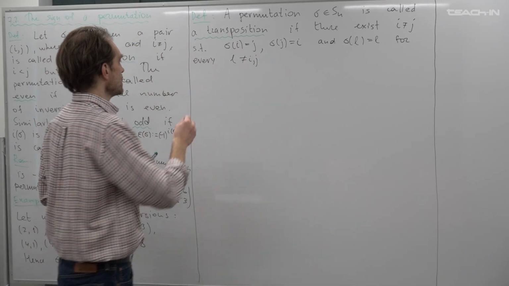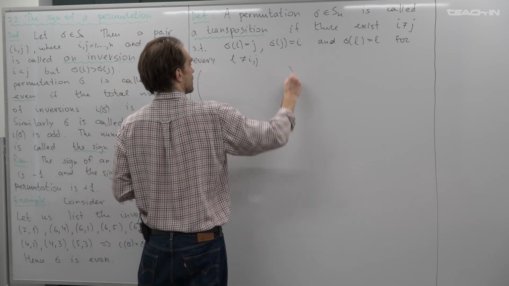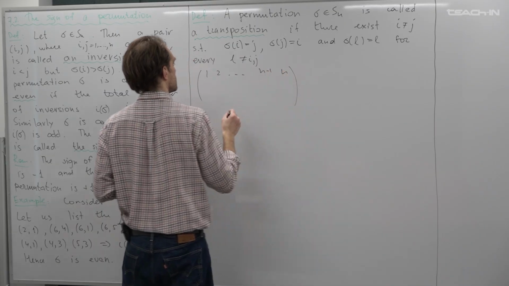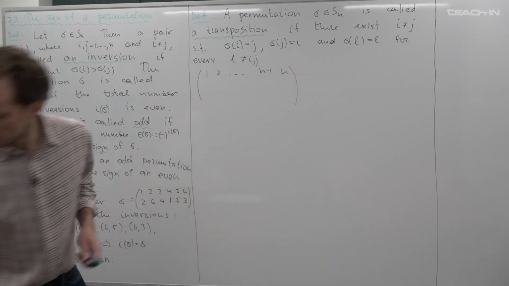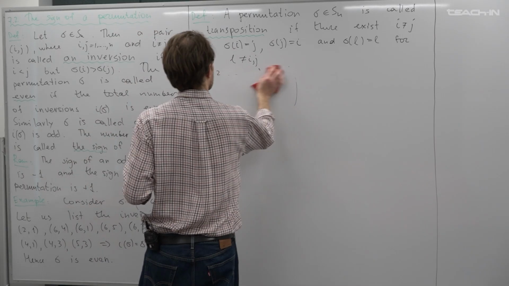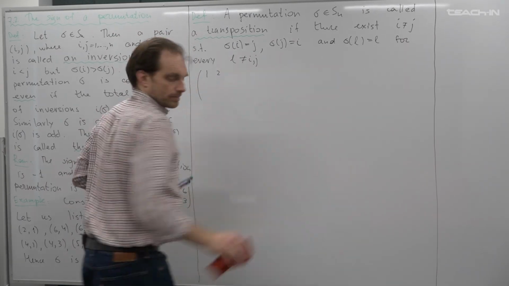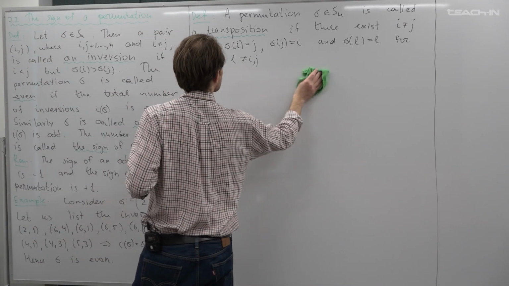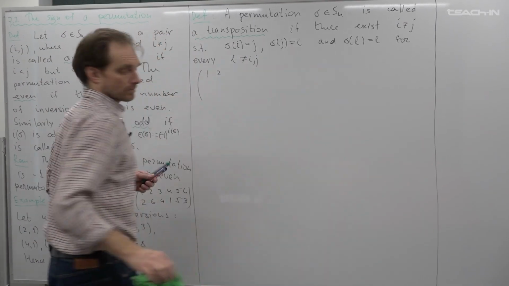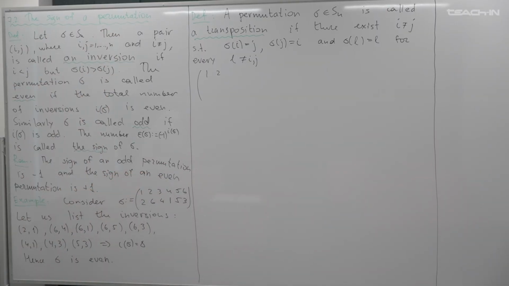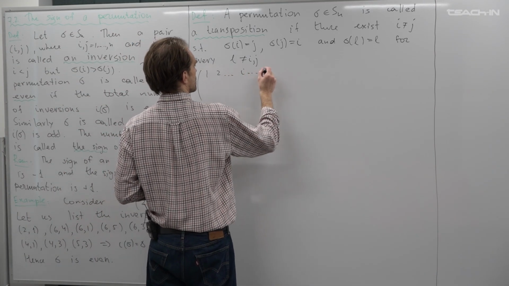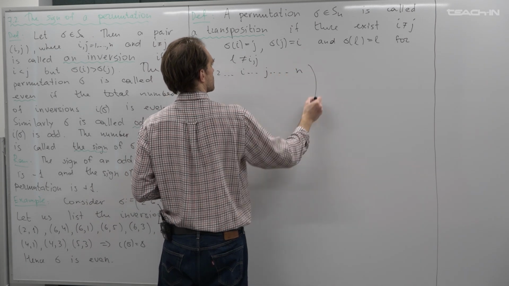So what does this mean? This means that 1, 2, etc., n minus 1, n. Sorry, I need to mark the elements i and j somewhere. So 1, 2, etc., i, j, n.